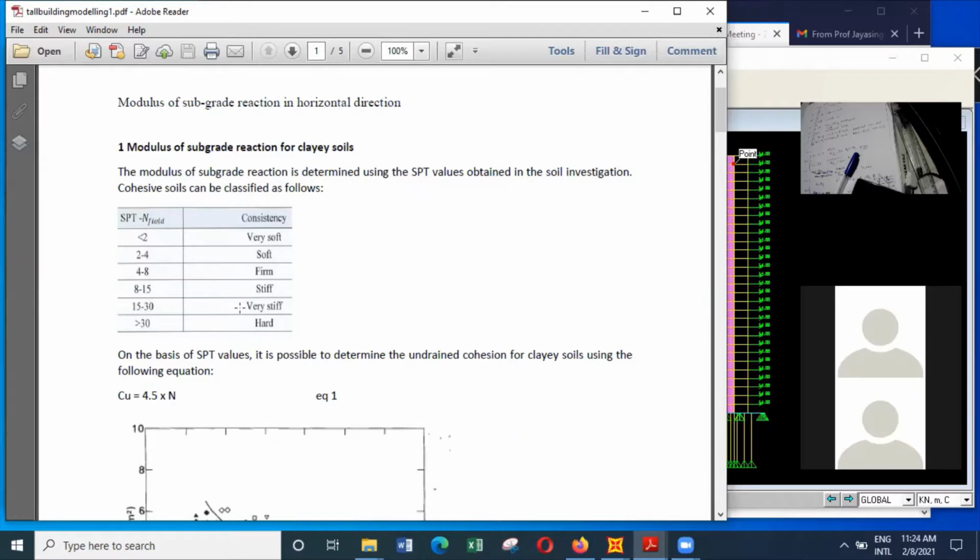That means, although it's a clay soil, it's fairly stiff clay soil. So when you know the SPT value, when the bore log is given, then you can actually see the SPT value for each layer. And also you can see the type of soil.